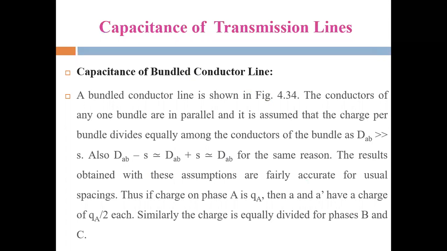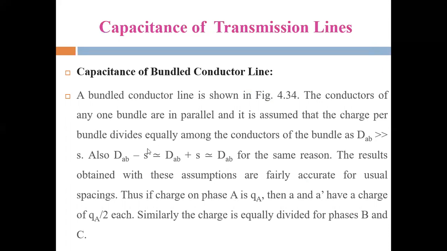In a bundle conductor line, the conductors of any bundle are in parallel. The charge divides equally among the conductors. Therefore DAB minus is equal to DAB plus, equal to DAB.